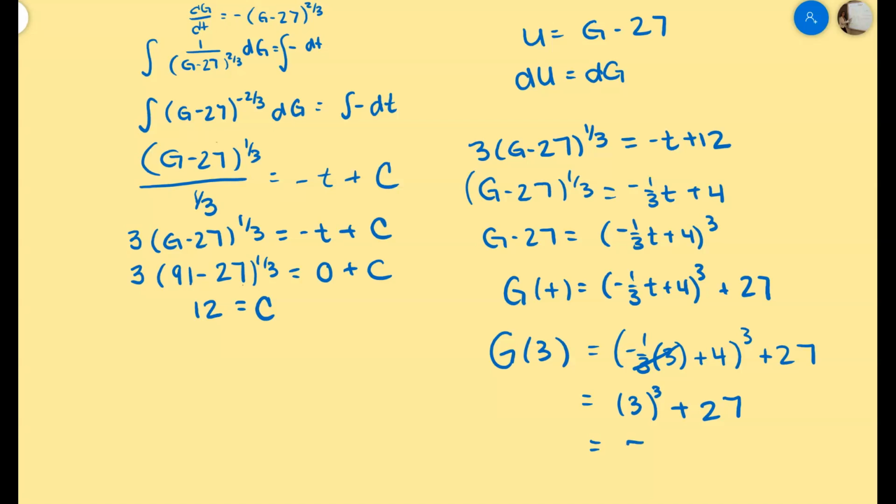So 27 plus 27 is 54 degrees Celsius. So the internal temperature of the potato at 3 minutes is 54 degrees Celsius.